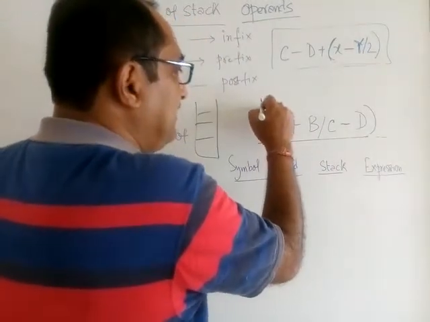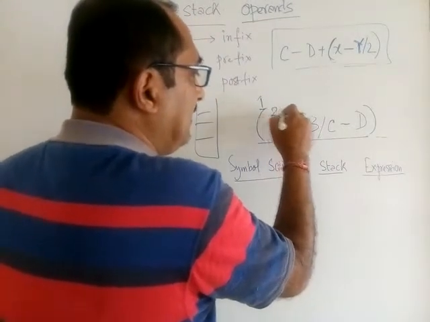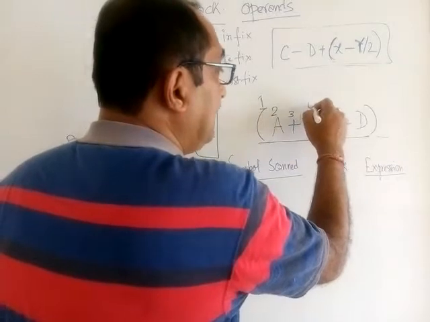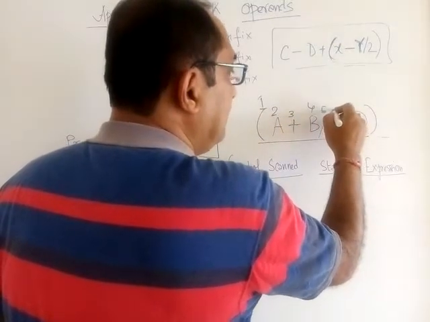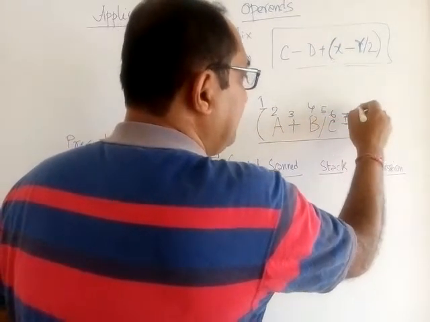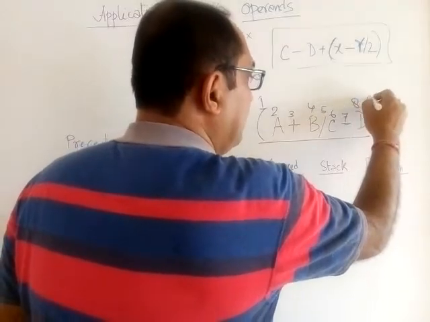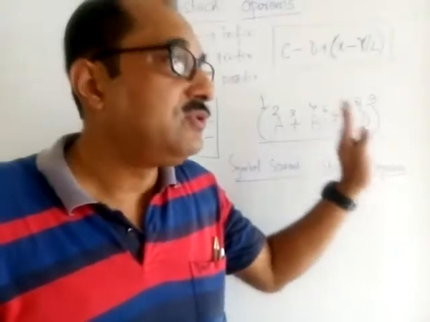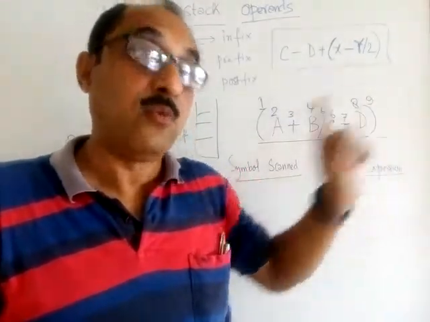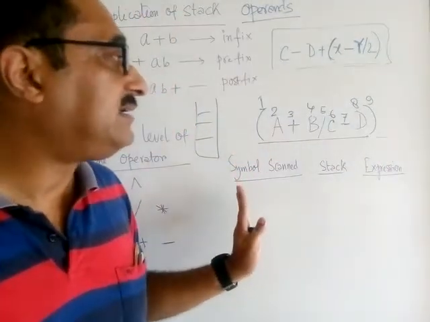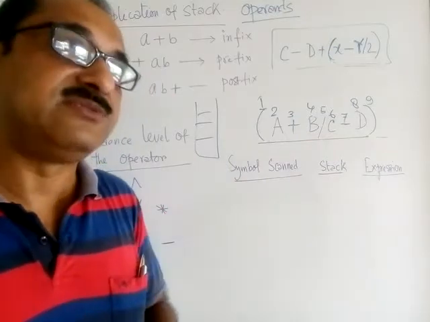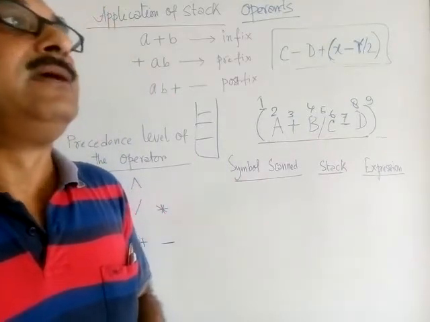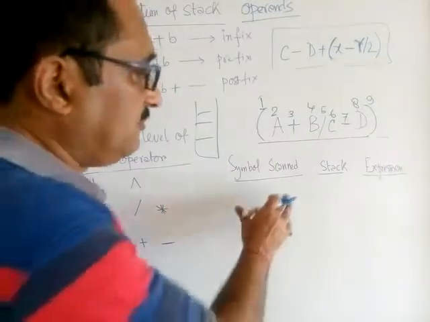So if I start numbering them, it will be number 1, 2, 3, 4, 5, 6, 7, 8 and 9. So we have altogether 9 symbols to go through one at a time, and then decide how the postfix expression will come. Now in order to do that, we will follow this chart.